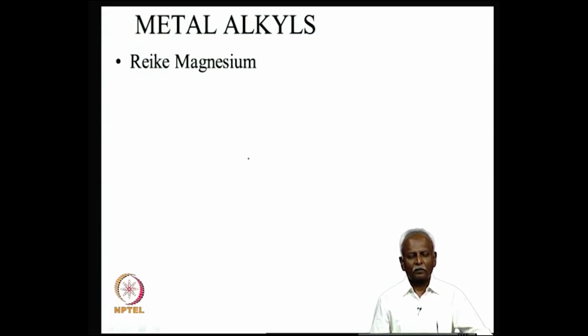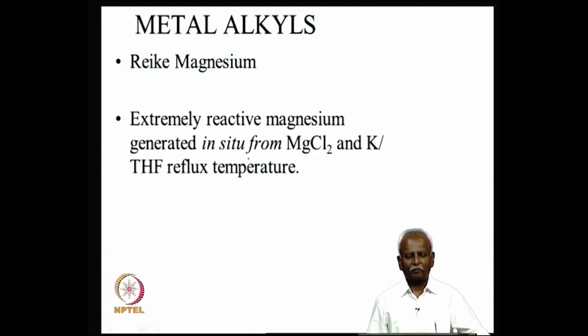So, it was discovered by Rieke that magnesium, which is usually used as a powder or as a metal ribbon, can be activated further by a special process. This very reactive magnesium is generated in situ by reducing magnesium chloride with potassium in THF.